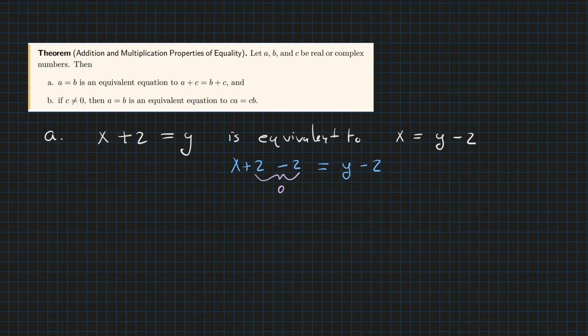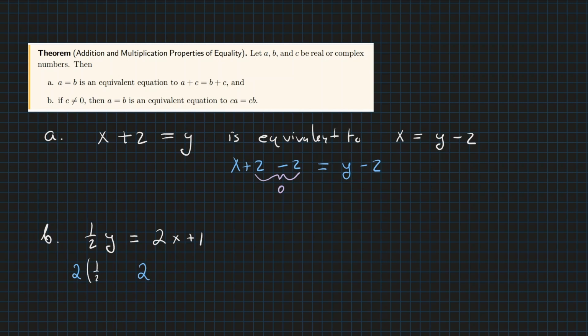The second one is as long as your number c is not 0, then a is equal to b is equivalent to c times a is equal to c times b. So say you have 1/2 y is equal to 2x plus 1, and you want to get rid of that 1/2. This is how we typically do it. We would write the equivalent equations going down. We would multiply by 2 on both sides of the equation.